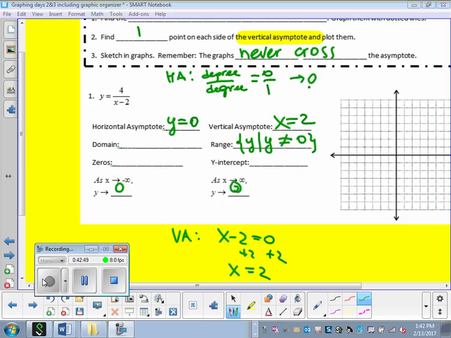Make sure you know how to use it. From vertical asymptote, I can go to domain, right? That's where I use that number. What is my domain? We wrote all values except VA, which means all x values except x not equal to 2.